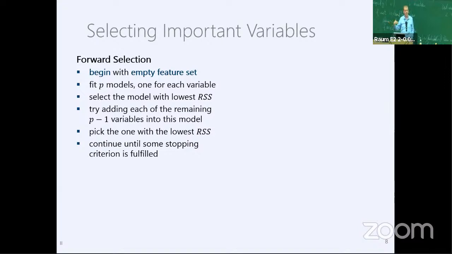And then you can iteratively add that predictor that improves whatever you're trying to optimize most. If you're trying to reduce the residual sum of squares, then with the empty model, add x1, see what it does, add x2 instead of x1, see what it does, and so on and so forth. Take the best one, rinse and repeat. Okay, that's forward selection.